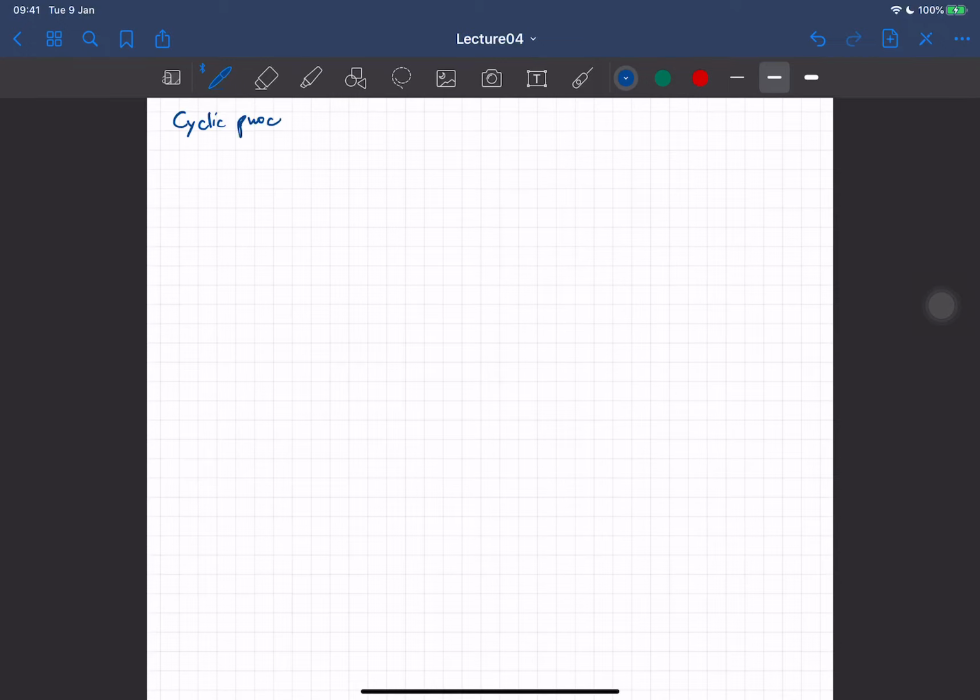This is nothing new actually, it's just the way we used to describe a process where you end up at the same place. Right. So what it means is that you are moving along this PV diagram, for example, from this point to this point here.